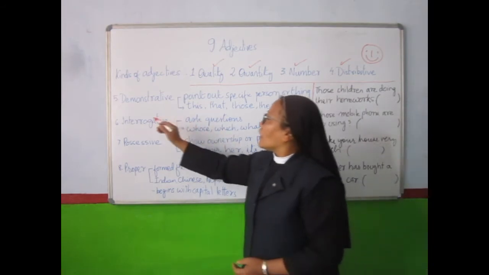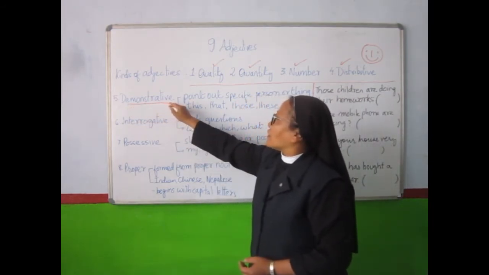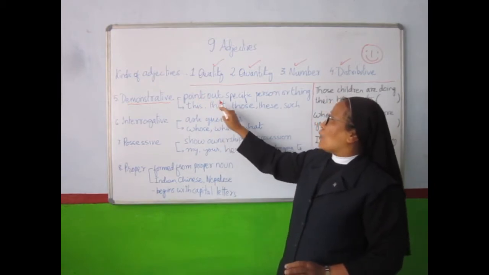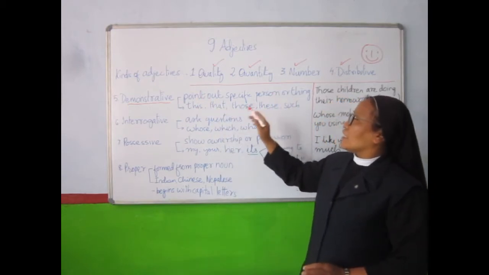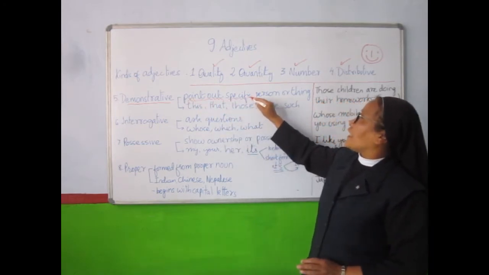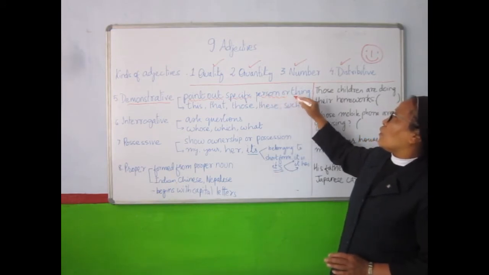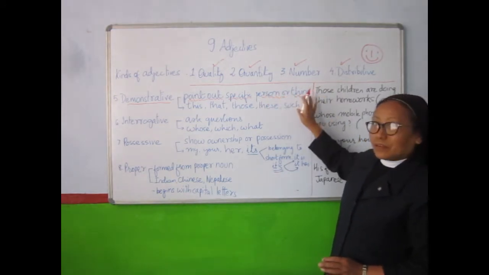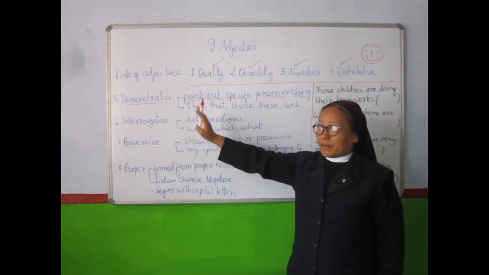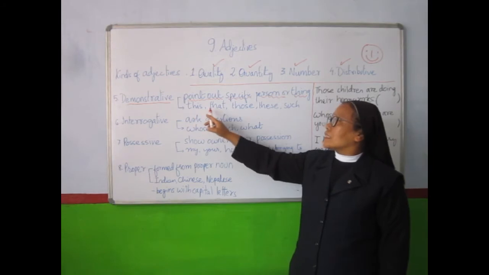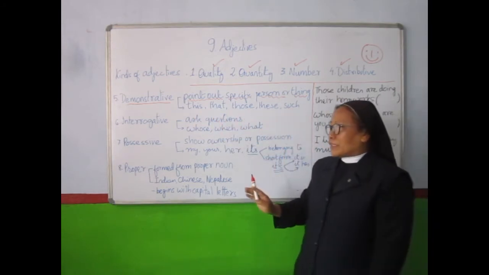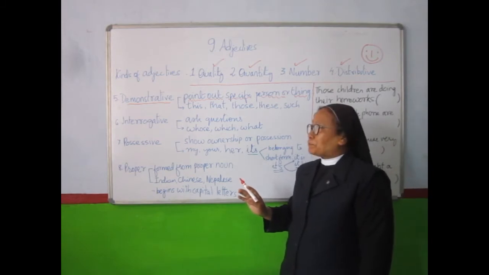So please remember, they point out a specific person or thing, the noun. The words you will be using for these adjectives are: this, that, these, those, such. Children, please remember this.